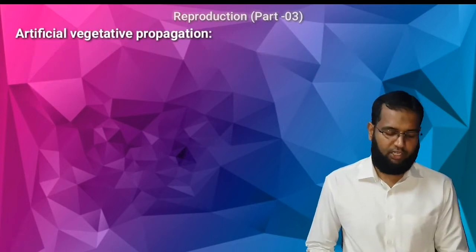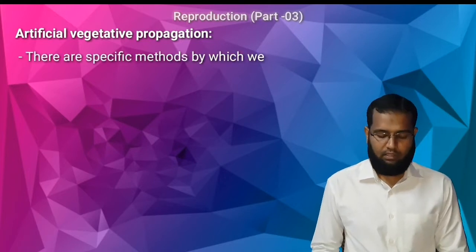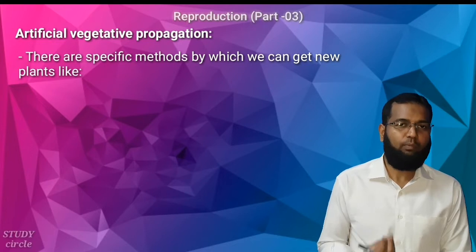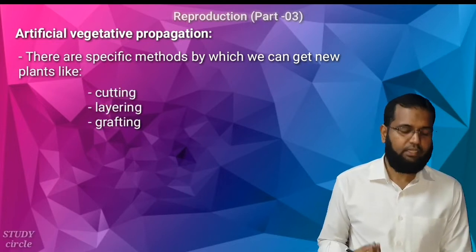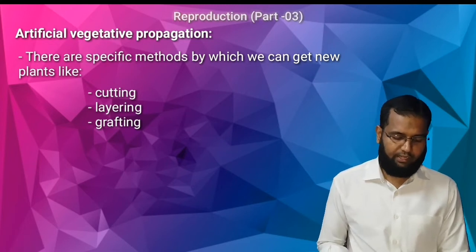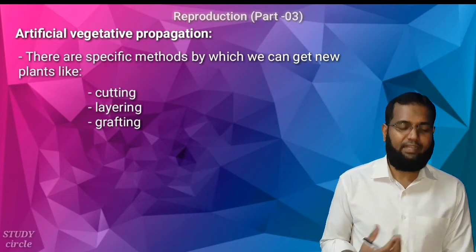Artificial vegetative propagation uses specific methods by which we get new plants by cutting, layering, and grafting. Actually, these are the techniques by which we can get a desired type of plant.